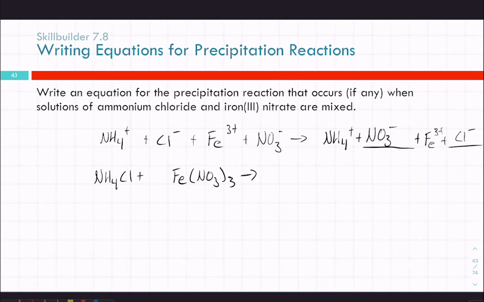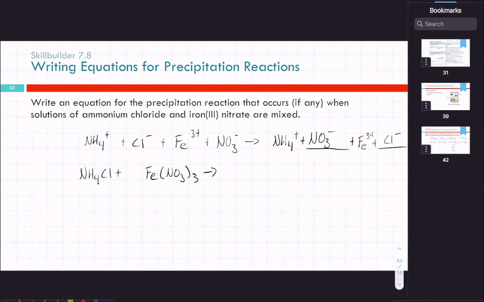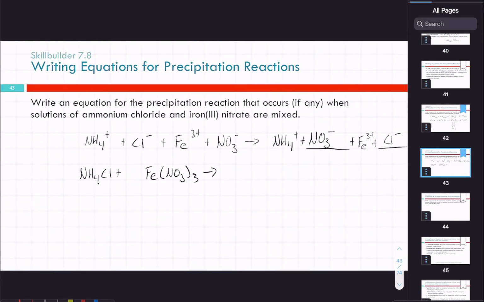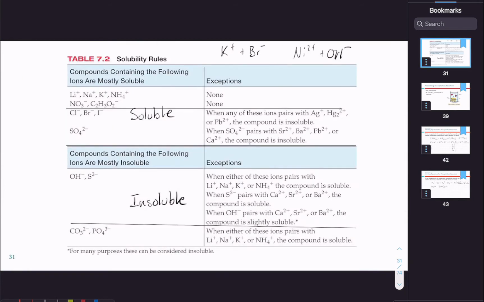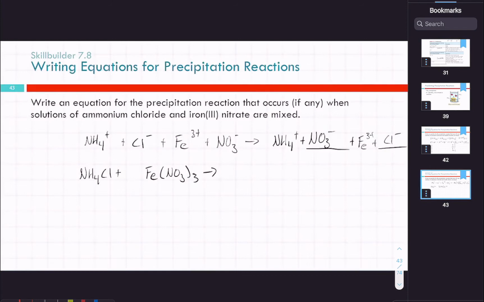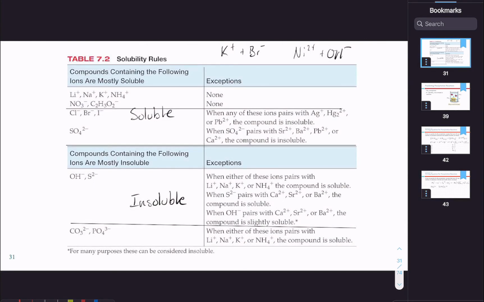And now we have to go back and check solubility rules. So again, our first compound here is ammonium chloride. I believe chloride does form some solids. So ammonium is always soluble.